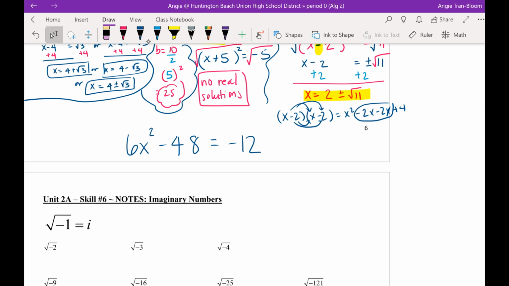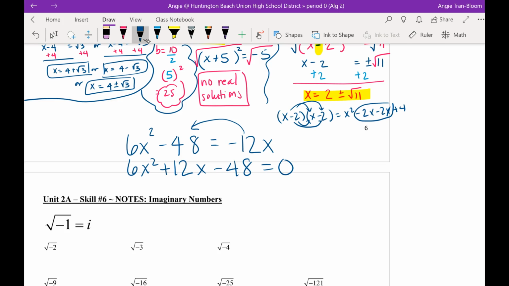It's actually a 6. This is 6x squared minus 12x. First, write it in order: 6x squared, and if I move this over, positive 12x, and then minus 48 equals 0. Can you see now that's in order?